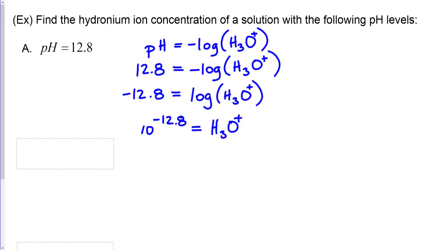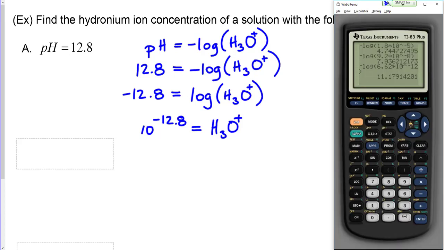So if I get my calculator out and figure out what 10 raised to the negative 12.8 power is, then that's going to tell me what my hydronium ion concentration is. So in this case, the hydronium ion concentration is about 1.58 times 10 to the negative 13th power. And that's all we have to do.